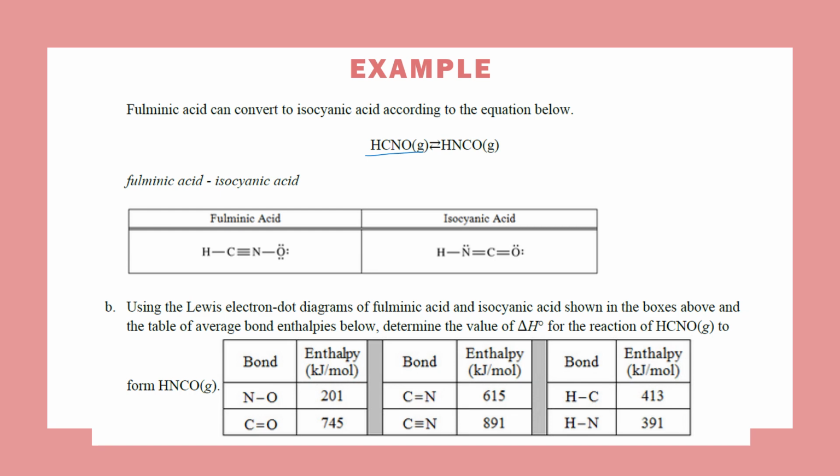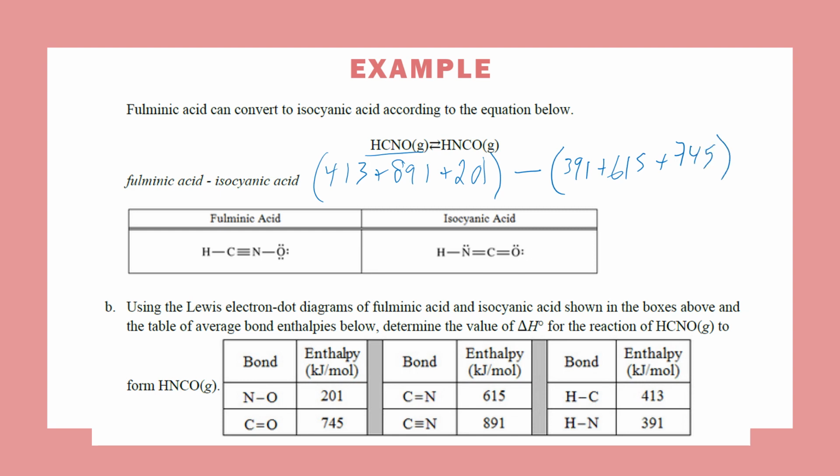So let's go ahead. We'll break 1 carbon-hydrogen single bond, which is 413, and we'll break a carbon-nitrogen triple bond, which is 891, and we'll break a nitrogen-oxygen single bond, which is 201, and we'll subtract our bonds formed: hydrogen-nitrogen single bond, which is 391, our nitrogen-carbon double bond, which is 615, our carbon-oxygen double bond, which is 745.